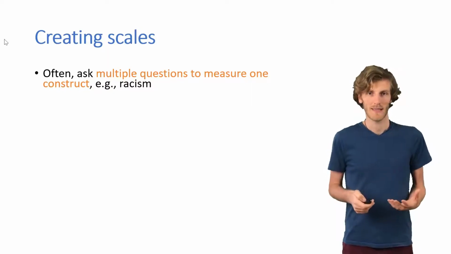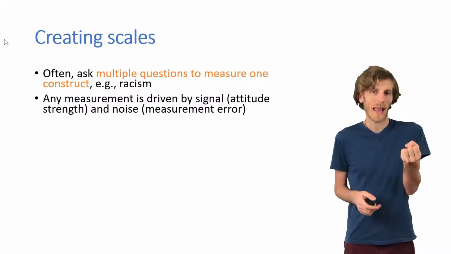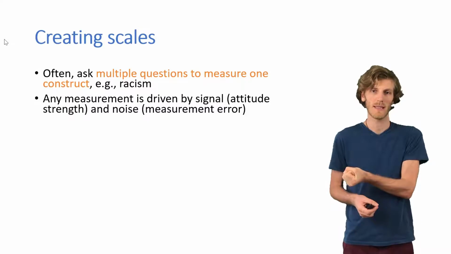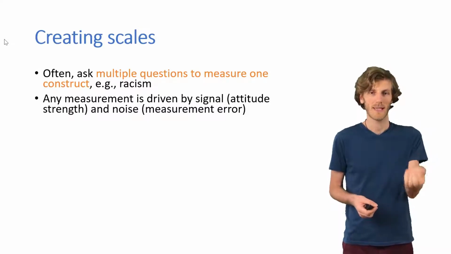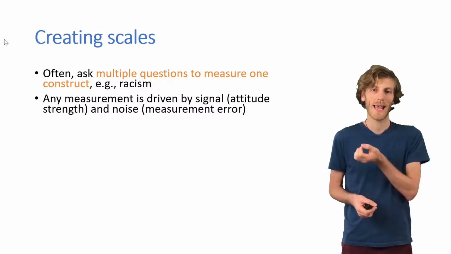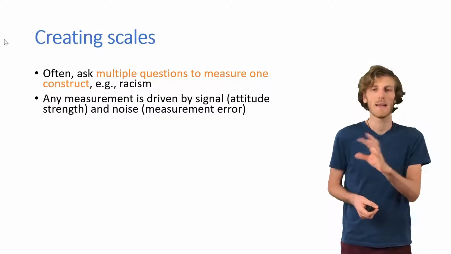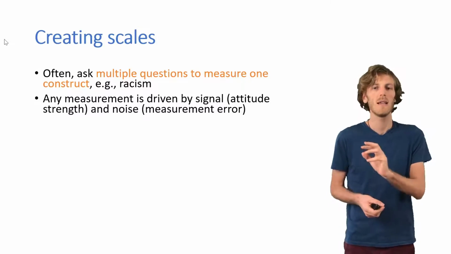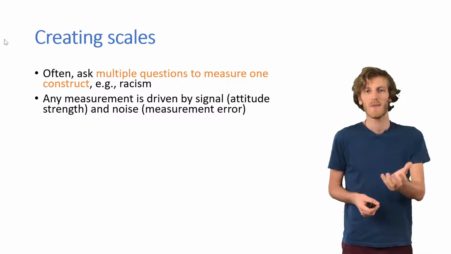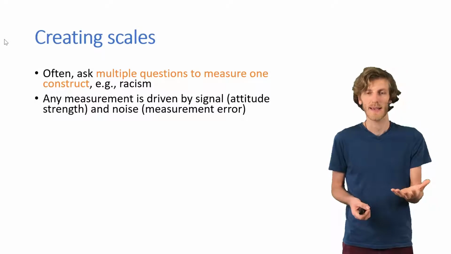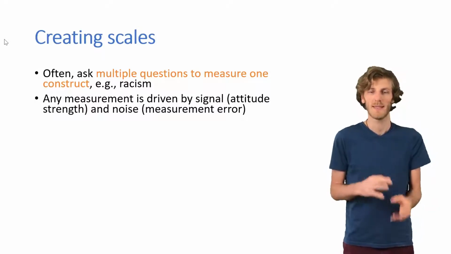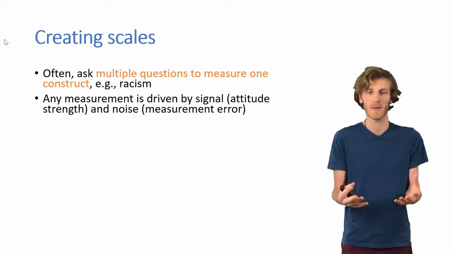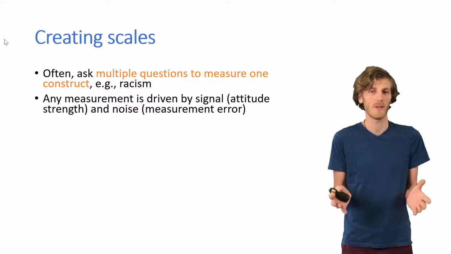The reason to do that is because we would say any specific measurement is driven by signal and noise, but in this particular case, it's driven by the underlying construct and by more specific associations with the question. So, for example, many racism scales include specific situations. Would you mind having a black person as a boss? Would you mind having a black person marry into your family?